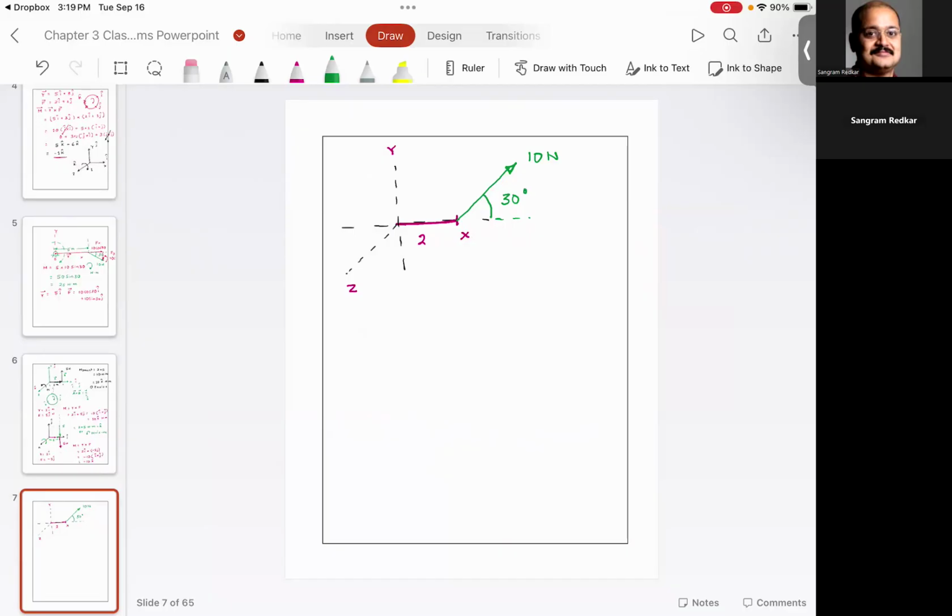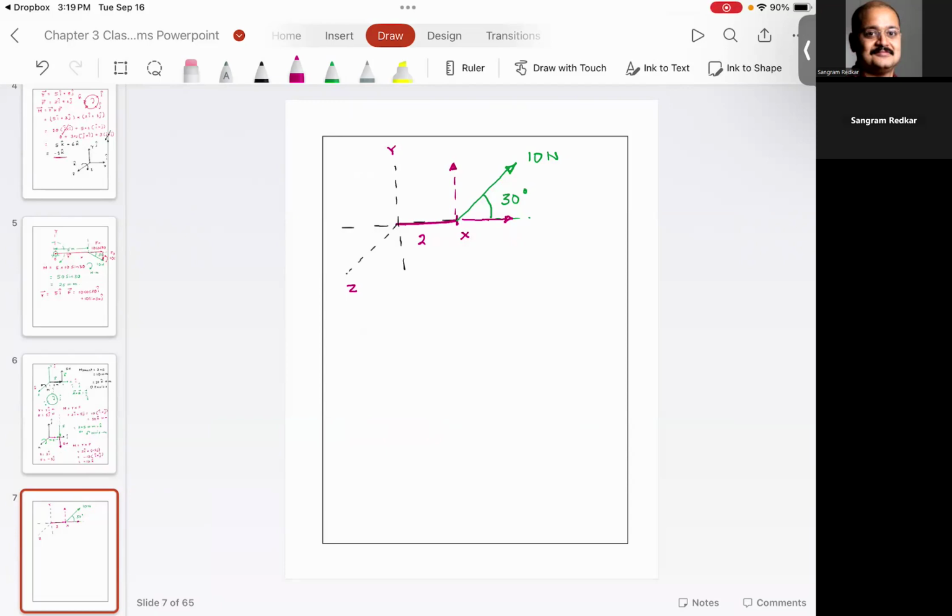Do you agree with me? So there are 2 ways that you can do this. Either you can make the force perpendicular to the radius. What that means is you can find the component of force.